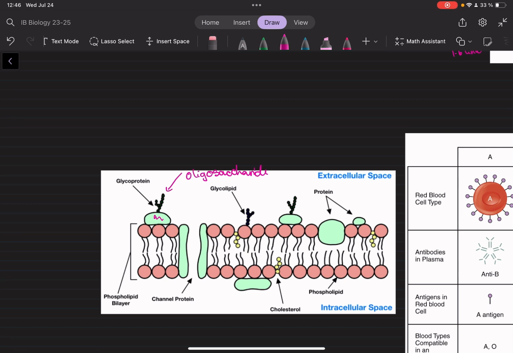From what I read, it was like 3 to 10 monosaccharides bonded together. So whereas a polysaccharide could be like hundreds, this is only just like 10, maybe 20.